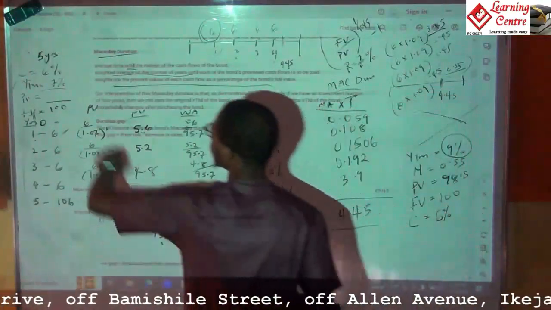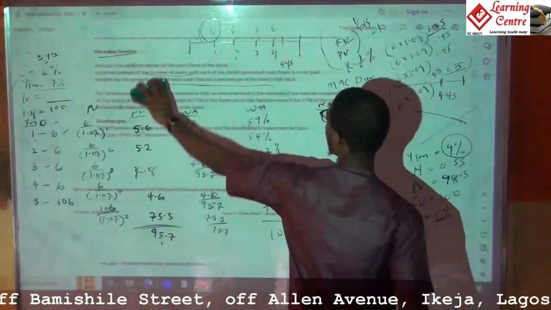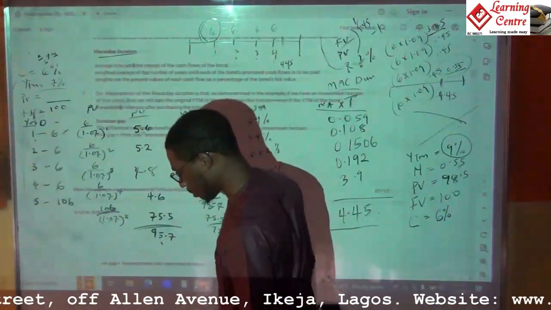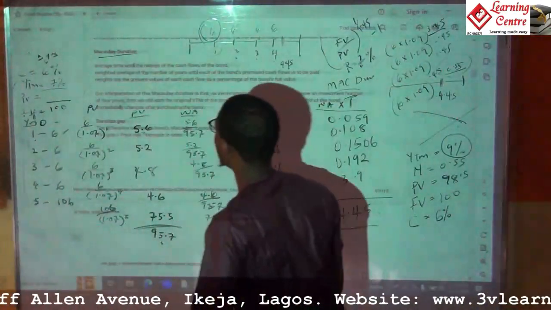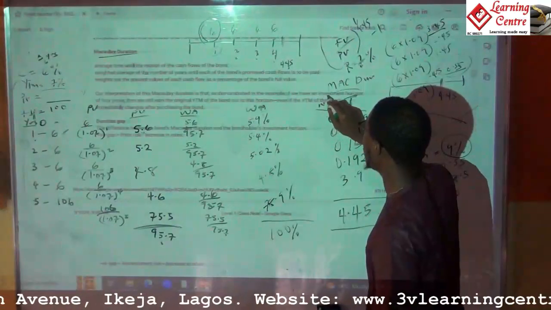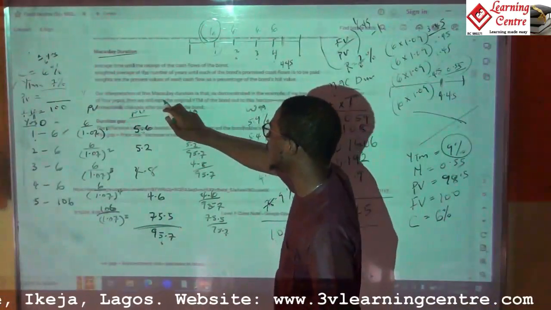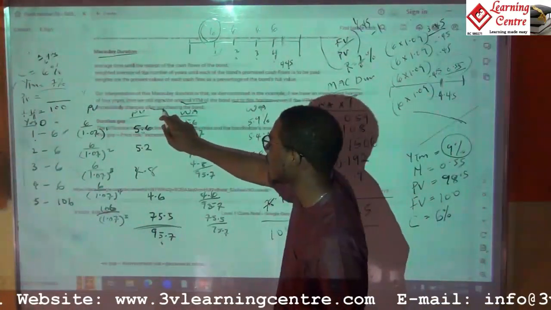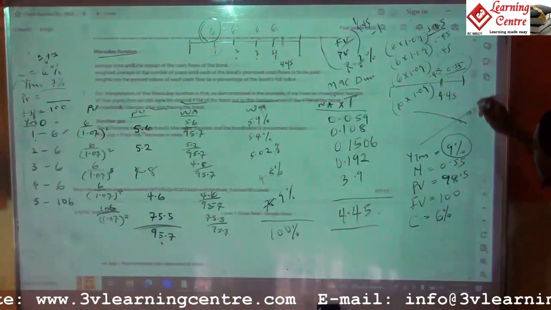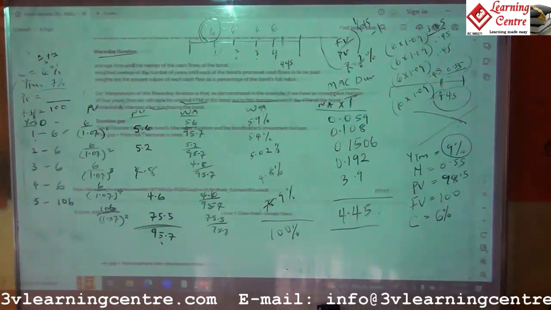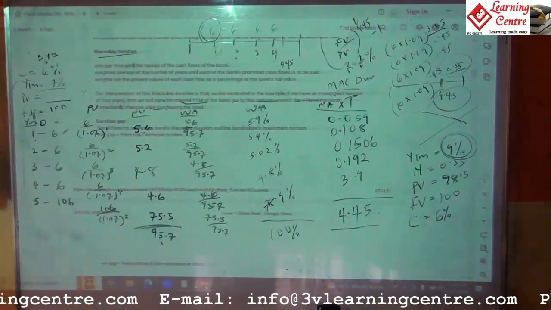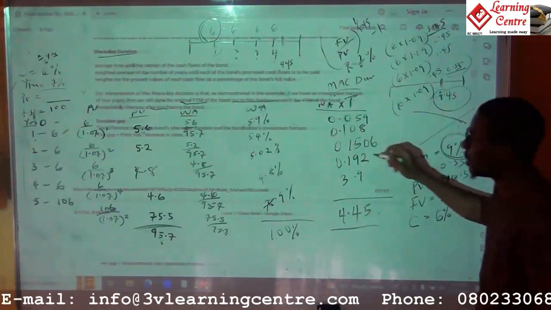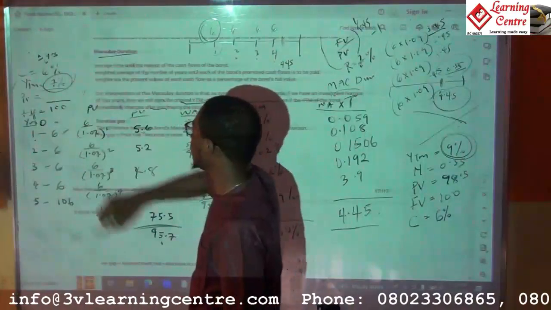Okay, so let's move on to the next. Let's talk about duration and its implications. If at my investment horizon of 4.45 the yield moves up to 9% immediately after I buy the bond, I just have to wait for 4.45 years, and the yield will be the initial yield.